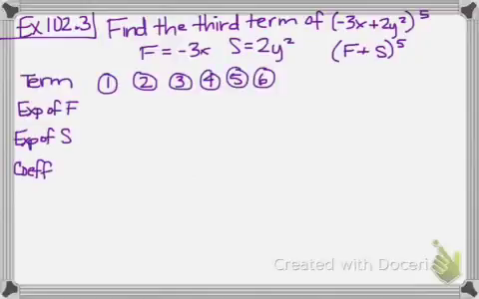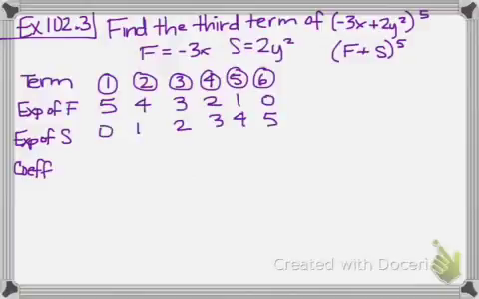So we've got our terms, our exponents, and the coefficients. So again, we get our exponents because you just take the power that it's raised to. The first one's going to descend, the second one's going to ascend, and then coefficients come from that Pascal's triangle. So you just go down to the corresponding row.